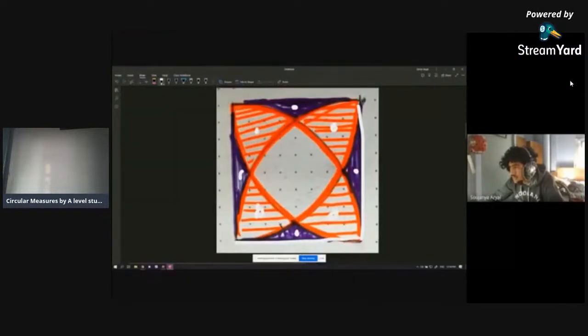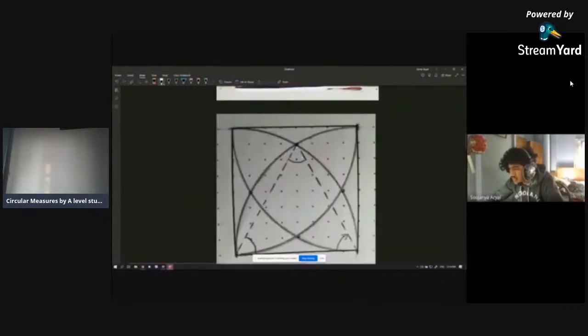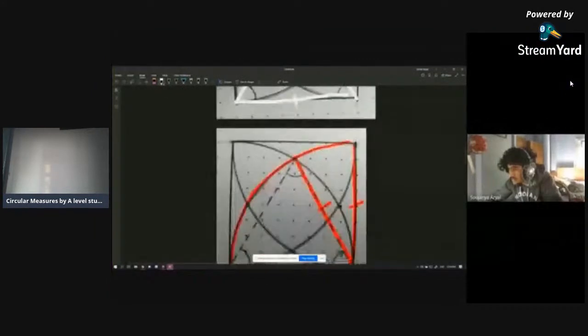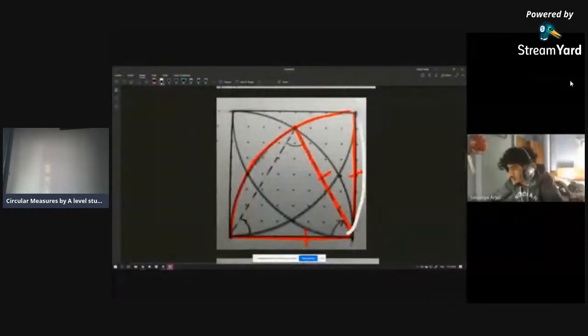To find the area of the remaining part, if we make a triangle from this very point, the one I've highlighted right here, joining with the base of the square, we'll get a triangle. This will be an equilateral triangle, because for this sector of the circle, this will be its radius.